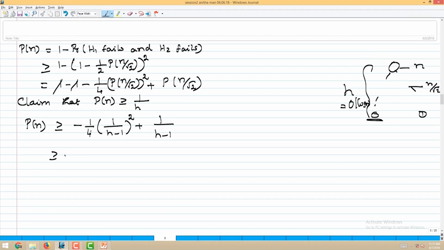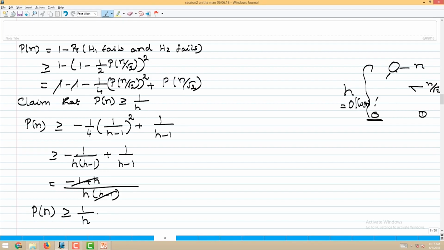So, it is greater than or equal to 1 by h into h minus 1 plus 1 by h minus 1. So, you can cancel this one, which is 1 by h. What is your h? 2 log n, height of the computation tree. So, the success probability is at least 1 by log n.